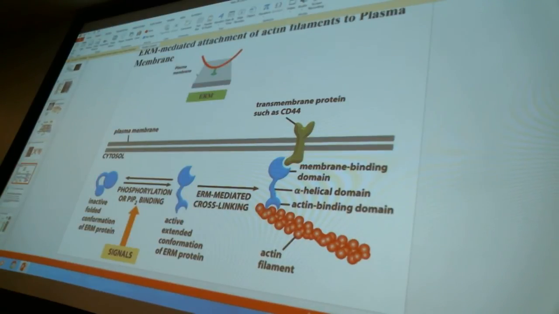And of course, many times we require an anchorage of actin filaments to the plasma membrane. Here's one example of the ERM protein, which is able, through the F-actin domain, to interact with actins and form yet another interaction with the transmembrane protein and anchor this actin filament right at the surface of the plasma membrane.